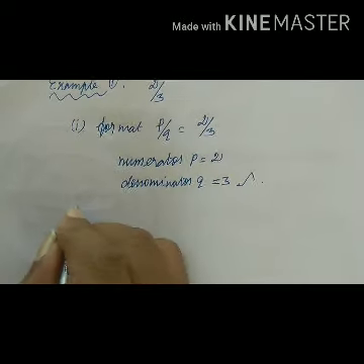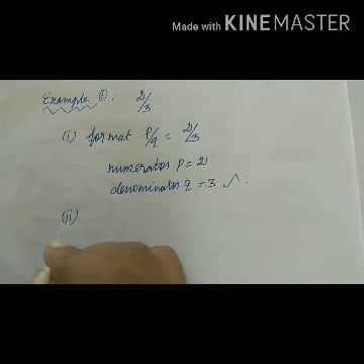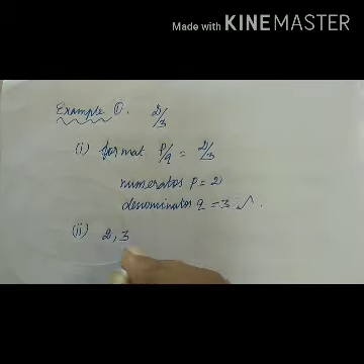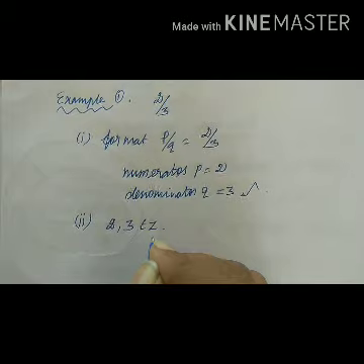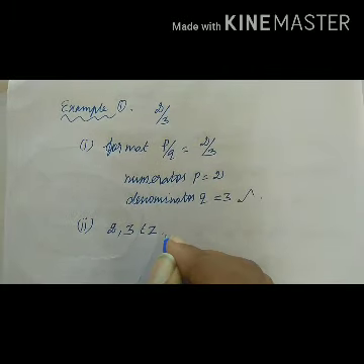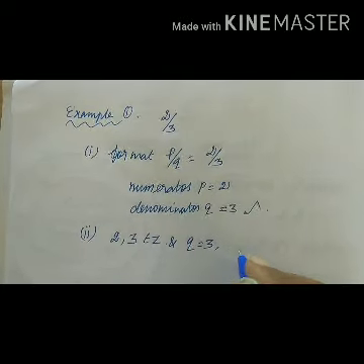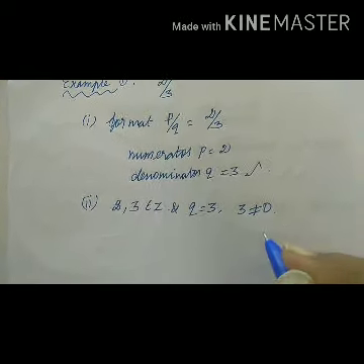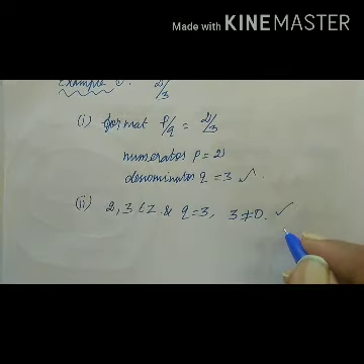And move on to the second condition. What's the second condition? The p and q are integers. That is, 2 and 3 belong to Z. Z is nothing but integers. And the denominator 3 is not equal to 0. Now the second condition is also satisfied.